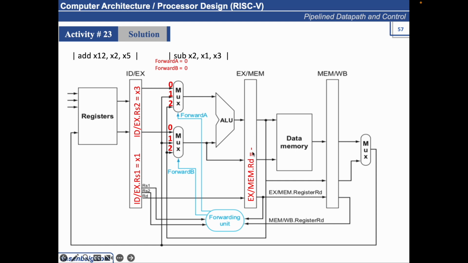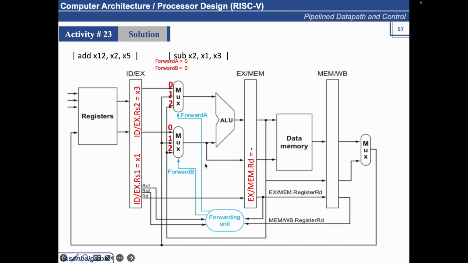So currently we do not have the information about RD, which means the forwarding unit will not forward data from this register or this register. It will still fetch the data from the register file. So the forward A and forward B values would be 0, fetching the data from the register file which is stored in the IDX registers.